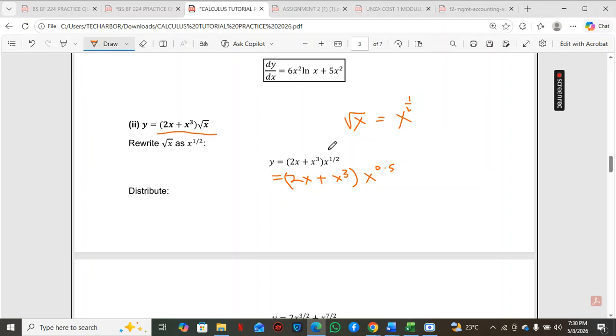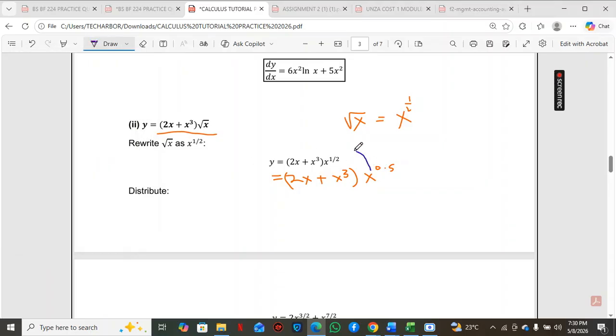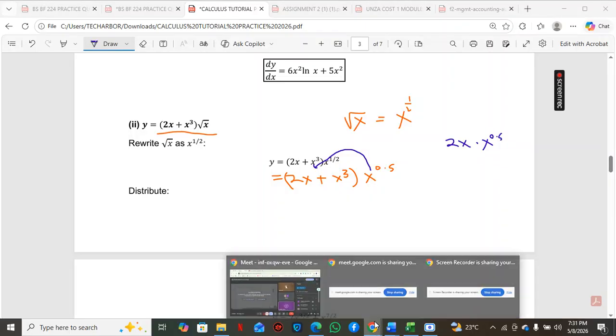So x to the power 0.5, we're going to multiply it with all the terms in the brackets. So x to the power 0.5 multiplied by 2x. This is where indices take place.